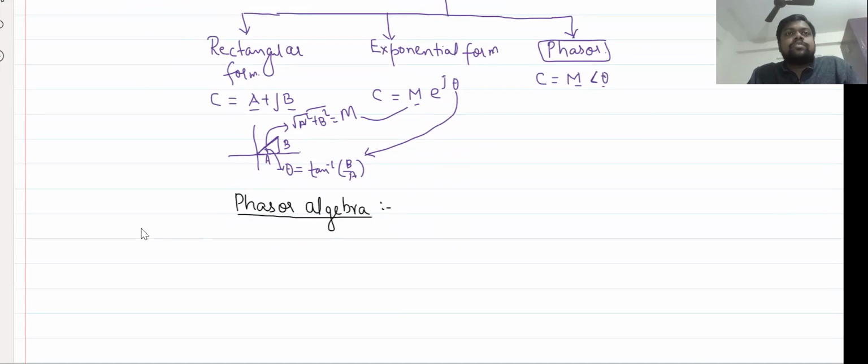In this algebra, the first thing is addition of two phasors.